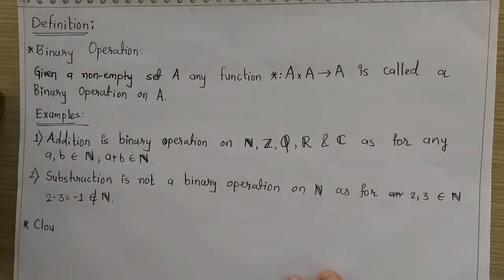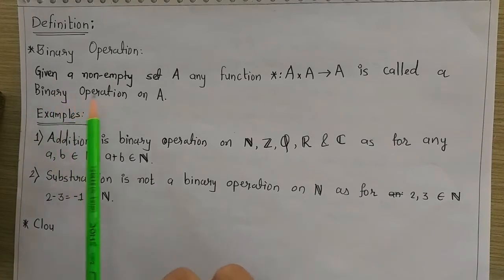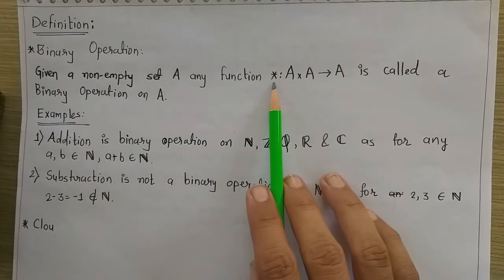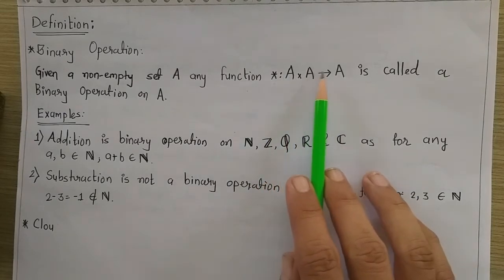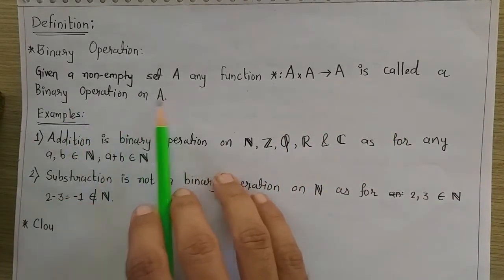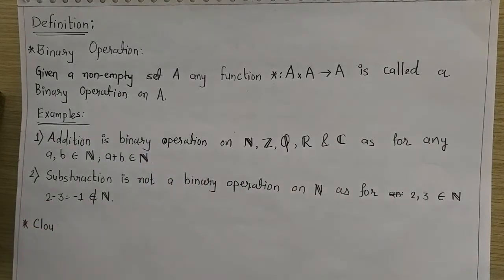First, here is the definition of binary operation. What is the binary operation? Given a non-empty set A, any function star from A cross A to A is called a binary operation on A. This is the definition of the binary operation.